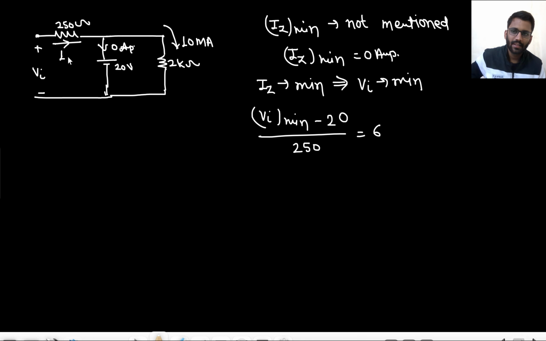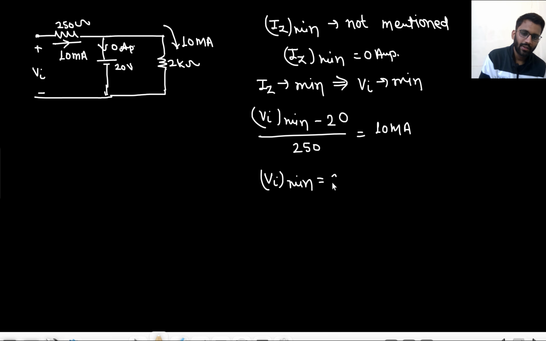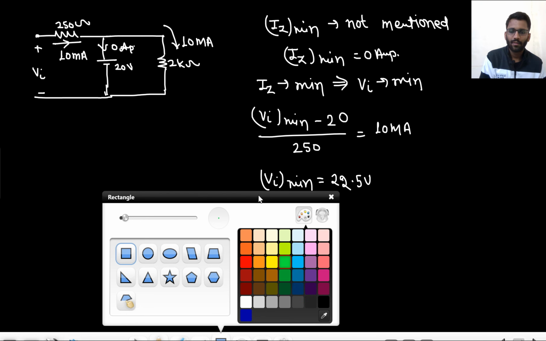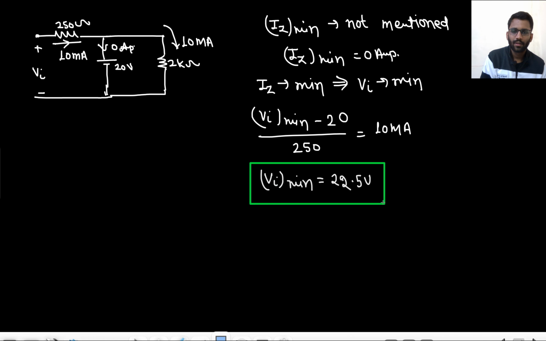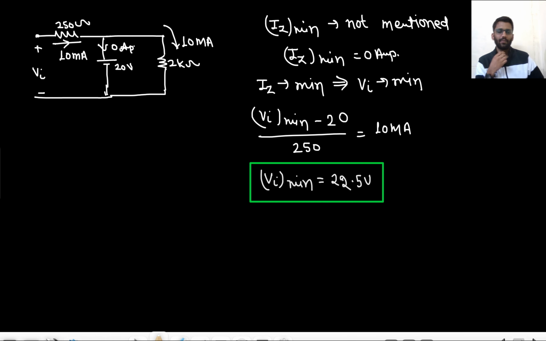So Vin minus 20 by 250 is equal to 10 milliampere. So 10 into 1 by 4 kilo, it would be 2.5. So Vin minimum is 22.5 volt.